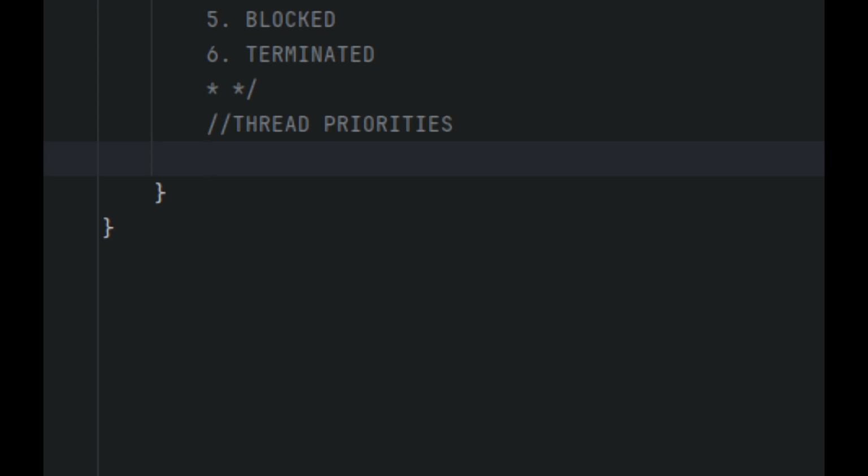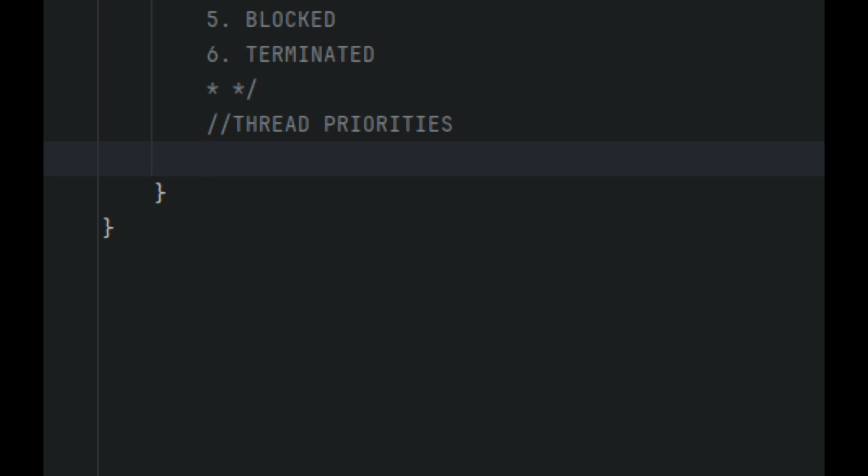So thread priorities are actually integers, and these integers specify the relative priority of one thread to another. So an integer is of course an absolute value, so it means that the integer or that priority is actually meaningless. In other words, I'm trying to say that a higher priority thread does not necessarily mean that it can run faster than a lower priority thread.